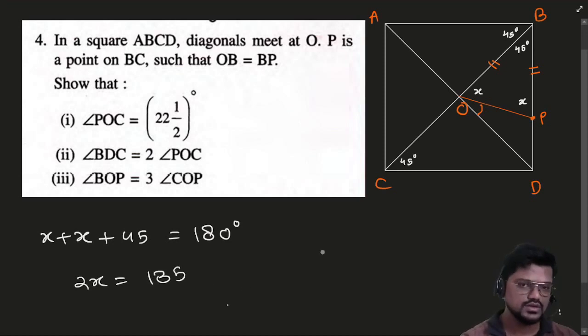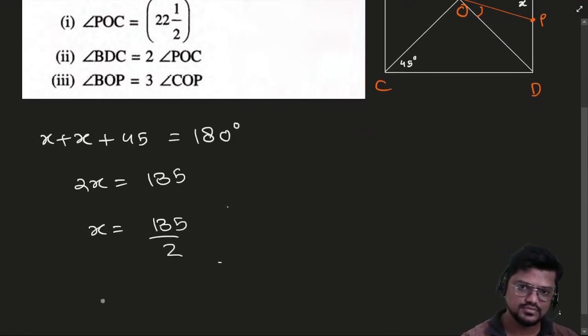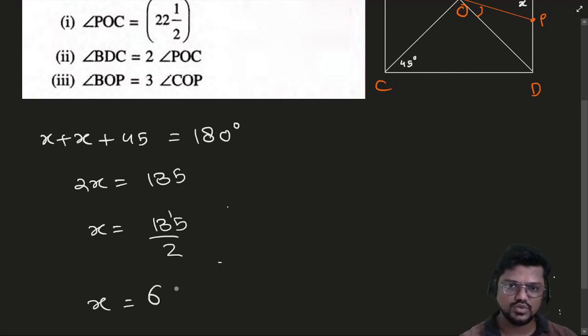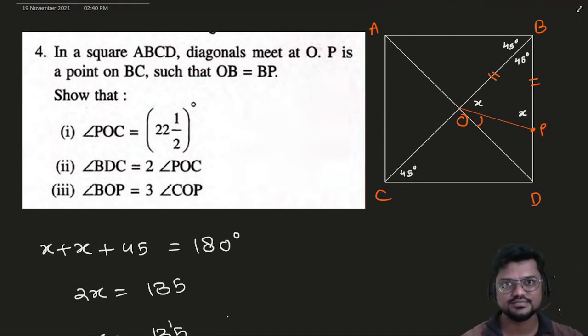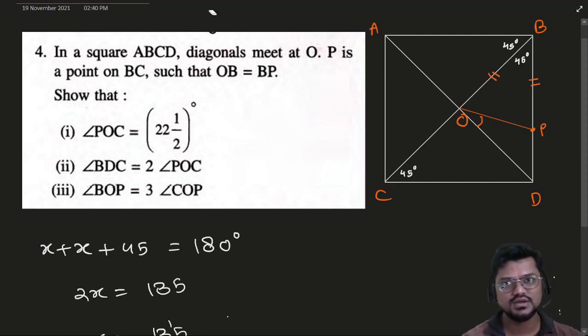So X will be 135 divided by 2, which is 67.5. So each of these angles will be 67.5.